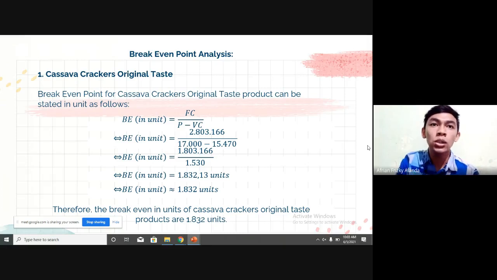In the previous, we get the number of VC, P, and PC, and then we substitute here, and we get the break-even point in unit is equal to 1,832 units. Therefore, the break-even in units of cassava crackers original taste products is 1,832 units.